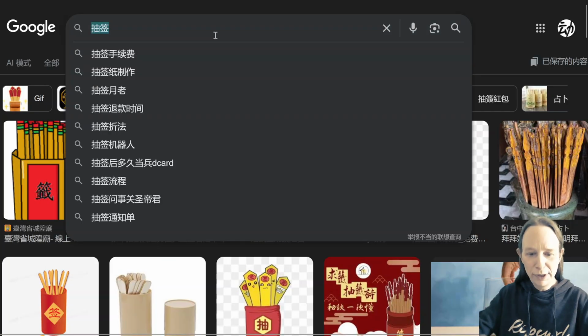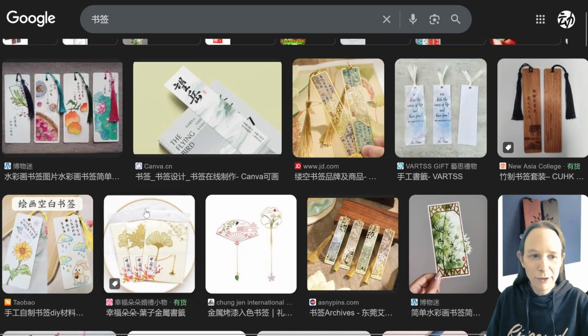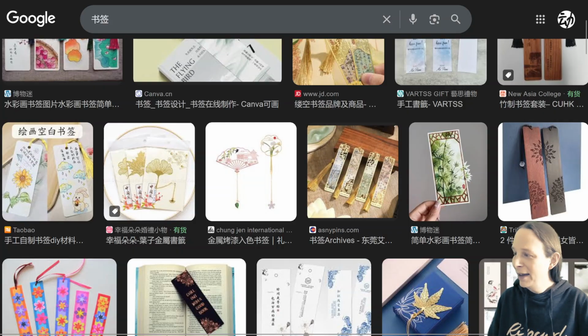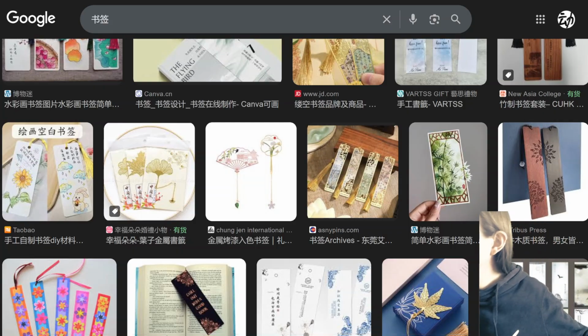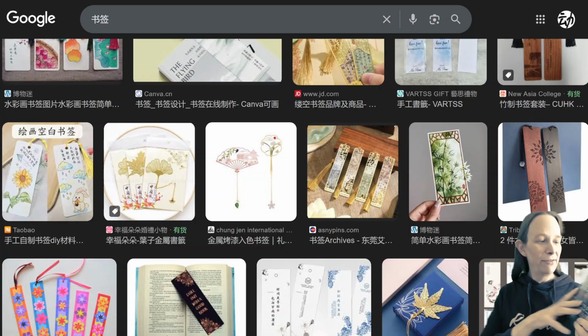And the other one, 书签. This one, 书签. This is a bookmark, 书签. Yeah, so you put a bookmark in a book so you know where you're up to. Do I have an example at hand? Oh, I do. I have one. This is a random book I borrowed from the library.